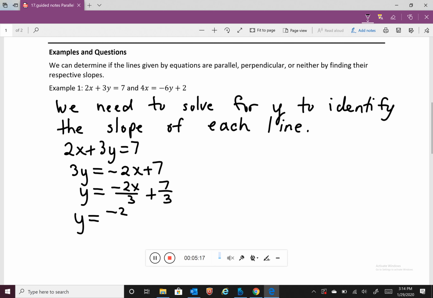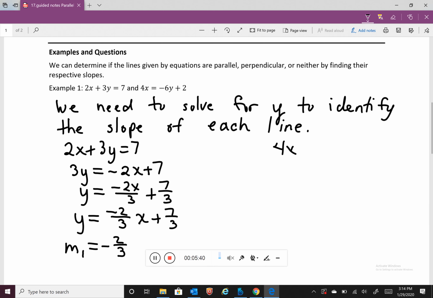So this is negative 2/3 times x plus 7/3. So for our first line, our slope is negative 2/3. Negative 2/3 or negative 2/3, those are equivalent.